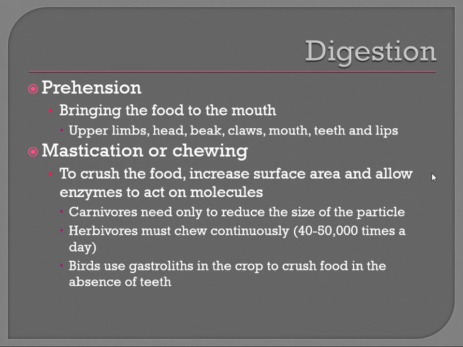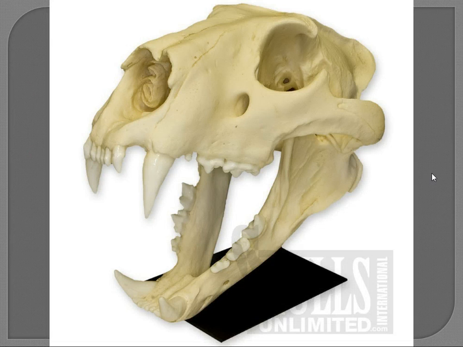And then birds have a special thing that they do because they don't have teeth, and we'll come back to that in just a few minutes. Okay, so when you look at this animal right here, wow, that is some big, serious, pointy, cutting, tearing teeth. And this animal is a carnivore. You can tell, right, by these beautiful, big, long teeth, right?